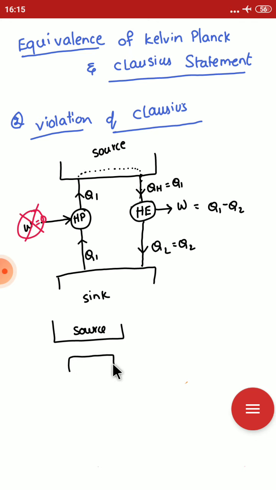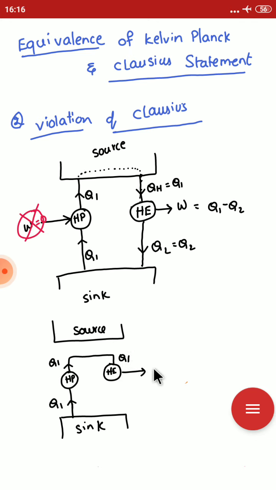Whatever Q1 amount of energy is extracted from the low temperature sink by the heat pump is the input supply for the heat engine, that is Q1, and it delivers work W and rejects heat Q2 to the sink.